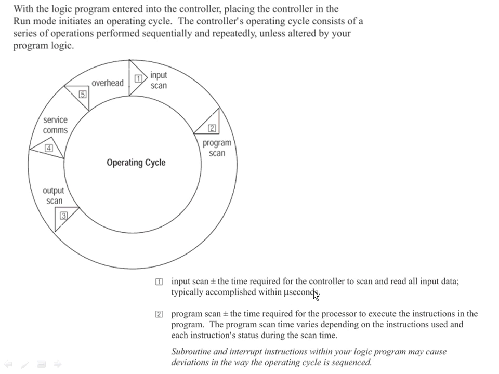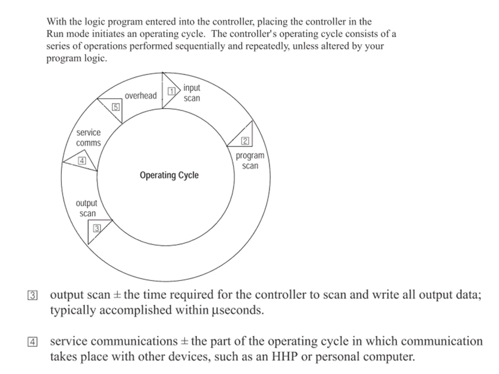In other words, it happens really quickly. So the first thing it does is it looks at the inputs. Then it scans the program. And then it scans the outputs and writes the output. It determines what condition the outputs should be in, and it writes the data to the outputs.